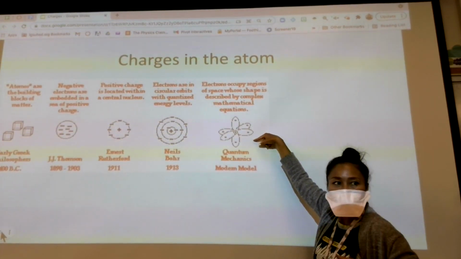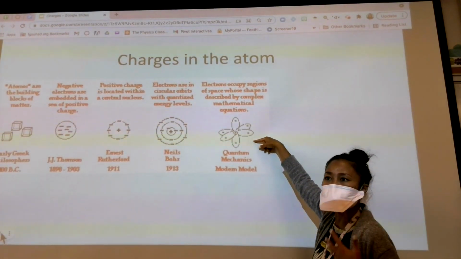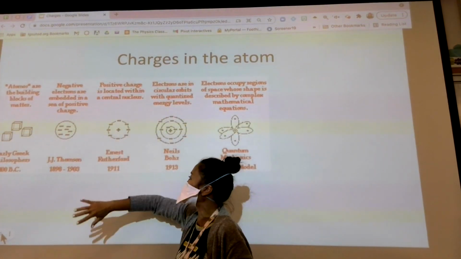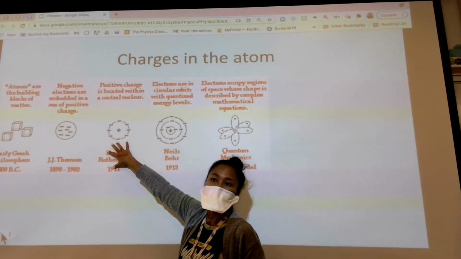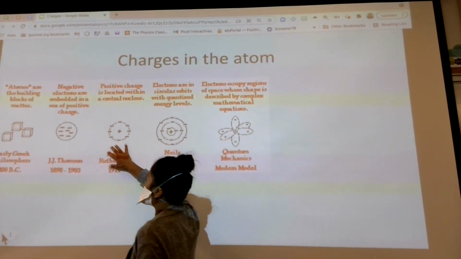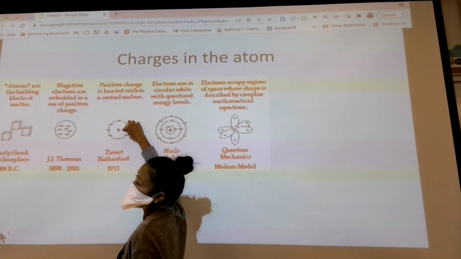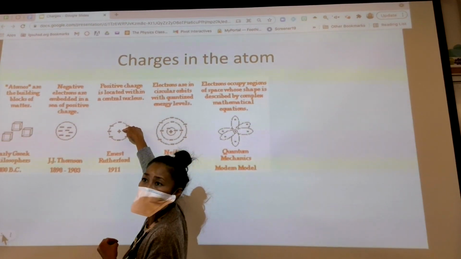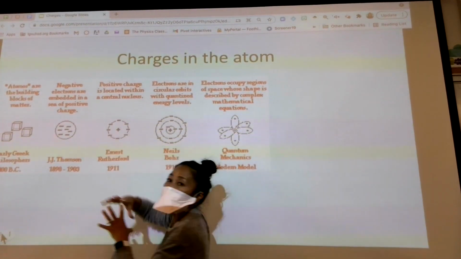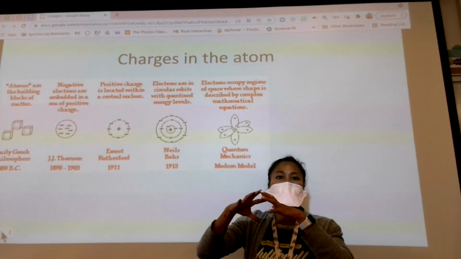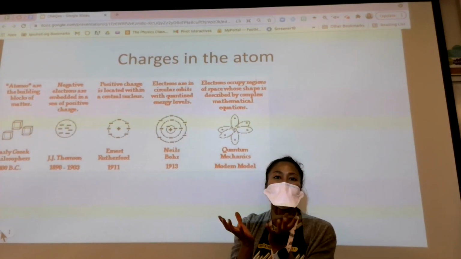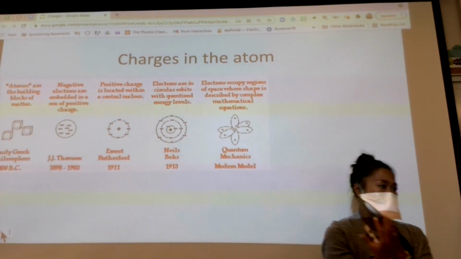For the understanding of how charges work in our class, we're going to stick to this model, and it basically shows us that the proton is in the middle and the electrons are a little bit more free-flowing because they're in the outside of our atom.